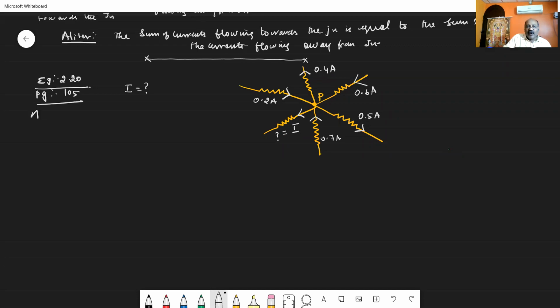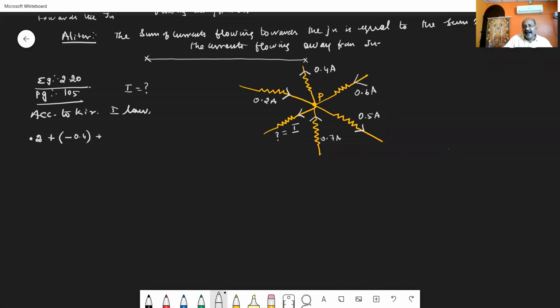We know according to Kirchhoff's first law, the algebraic sum of the currents meeting at this junction B is equal to 0. So consider 0.2 ampere current is flowing towards, so I am writing plus 0.2. The next one, 0.4 ampere is flowing away, so since it is going away, I am putting minus 0.4.